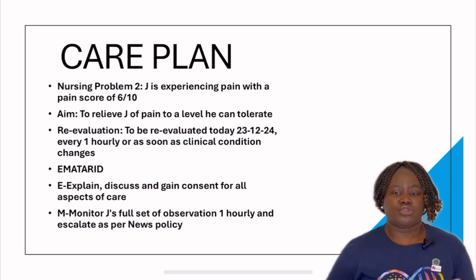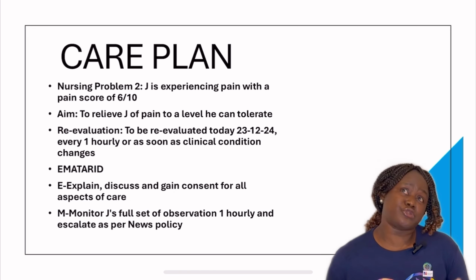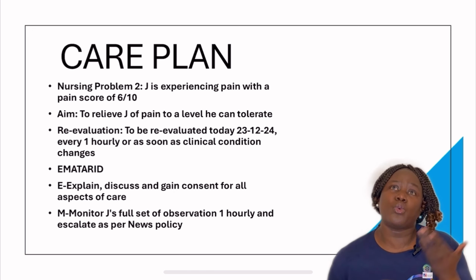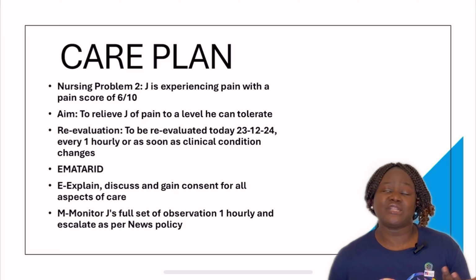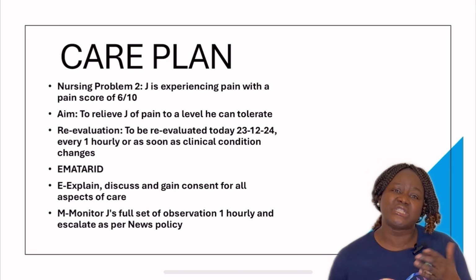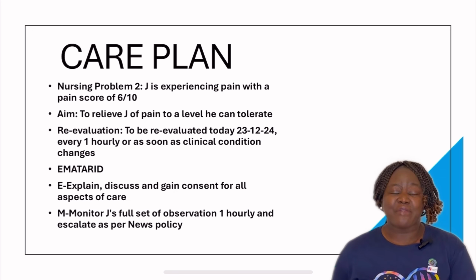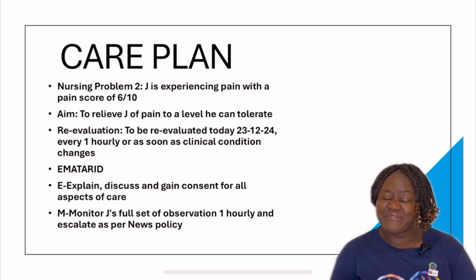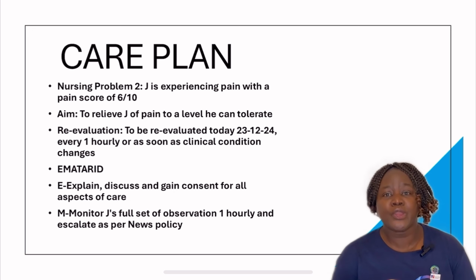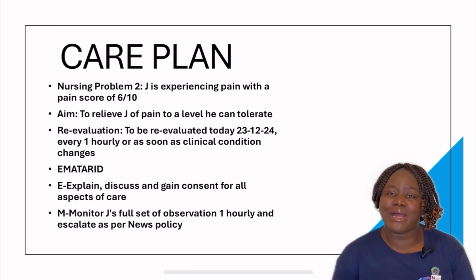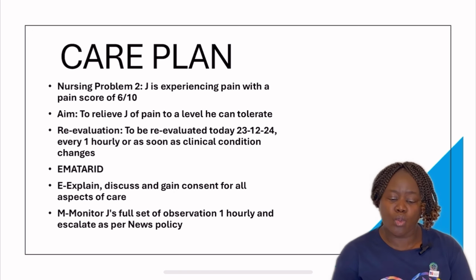It's not compulsory to put the level you want to reduce it to. If you say you want to reduce the pain to a level he can tolerate, that is fine, and if you want to go with the range, that is equally acceptable. So my reevaluation will be today, the date of my exam, 23/12/24, because it is pain, every 1 hourly or as soon as clinical condition changes.